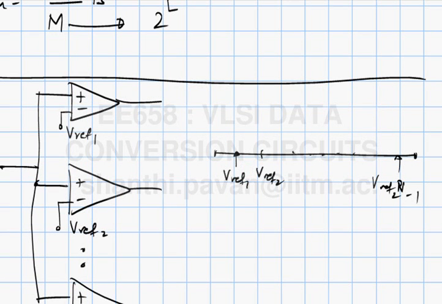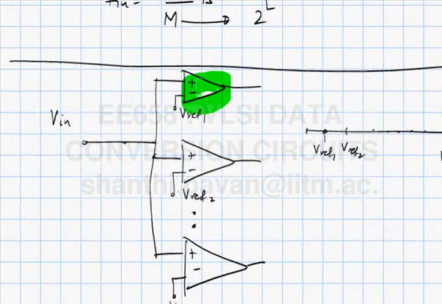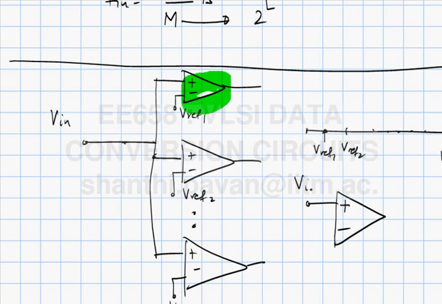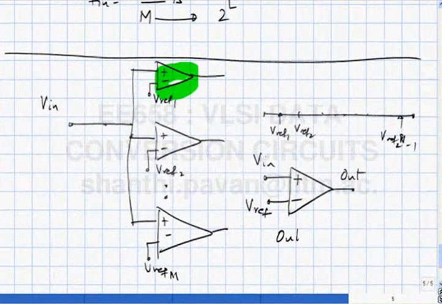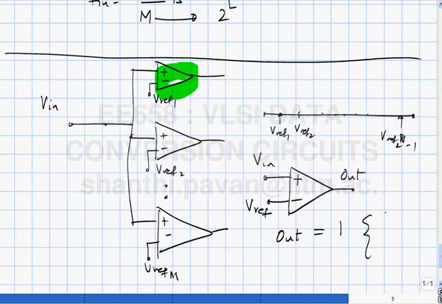And this block here is not to be confused with an op-amp. Conceptually, the job of this block is to compare Vin and Vref and say out is equal to 1, a digital logical 1, if Vin is greater than Vref, and 0 if Vin is less than or equal to Vref.